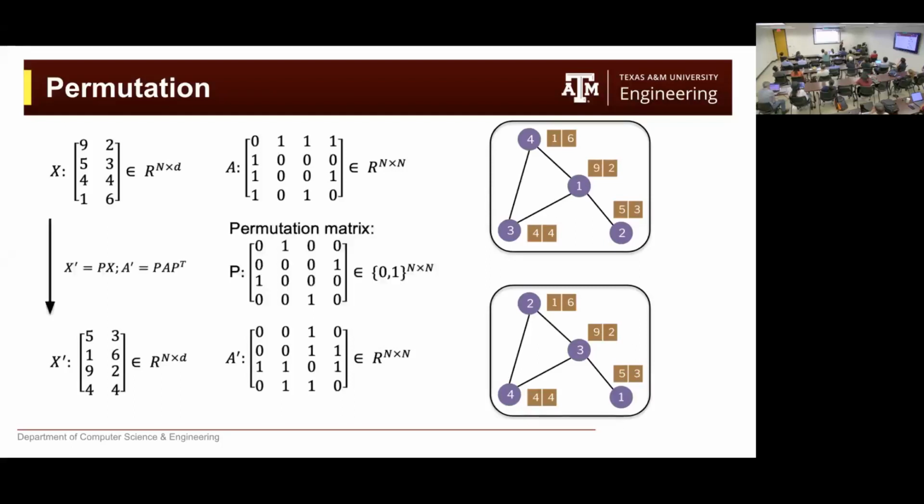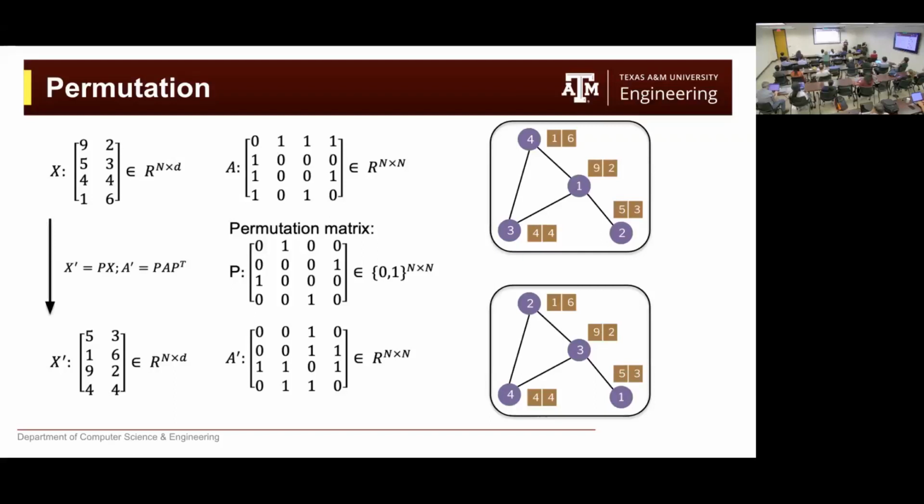If I have a permutation matrix, and you multiply it on the left of the feature matrix X, this will exchange the rows of X. At the same time, you multiply the permutation matrix on the left and its transpose on the right of the adjacency matrix, and you get a new X prime and A prime.